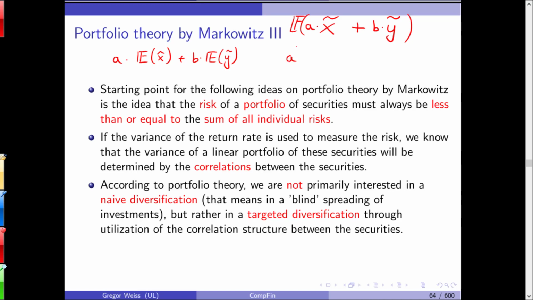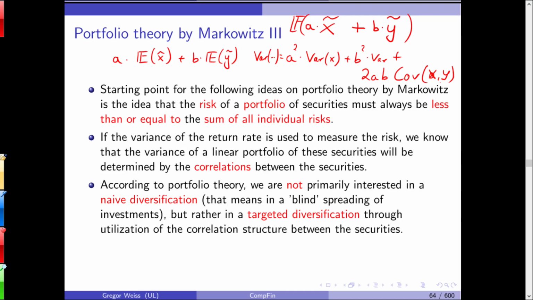It will look like this: variance of A squared times variance of X plus B squared times variance of Y plus 2AB times the covariance between X and Y.